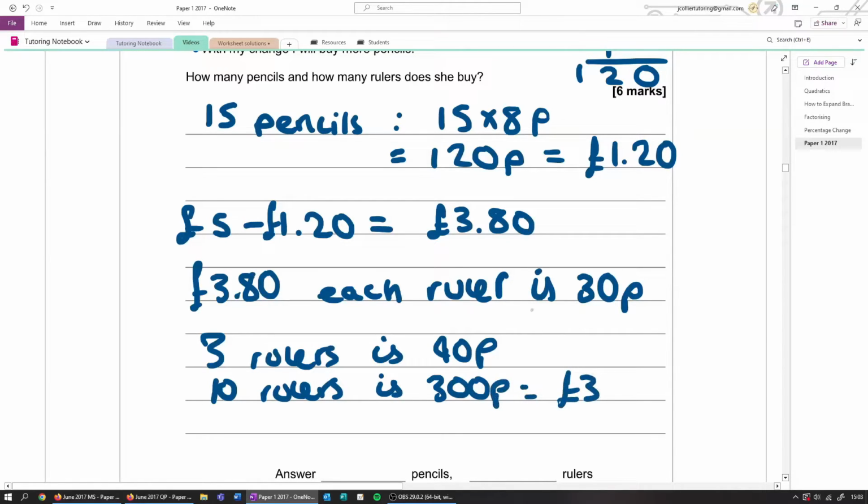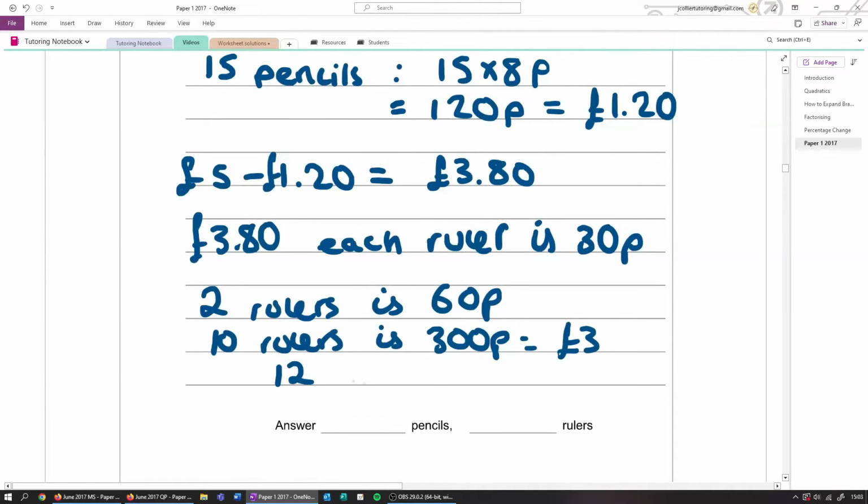Okay, so we're getting close. However, we only have 80p and not this 90p here. So let's instead think about 2 rulers, and that will be 60p. So here we have got 12 rulers for £3.60, and that leaves us 20p.